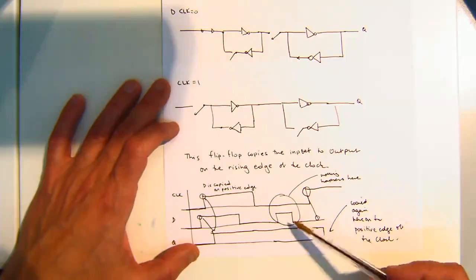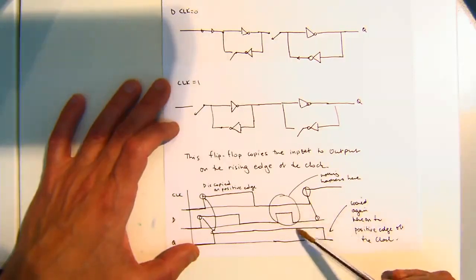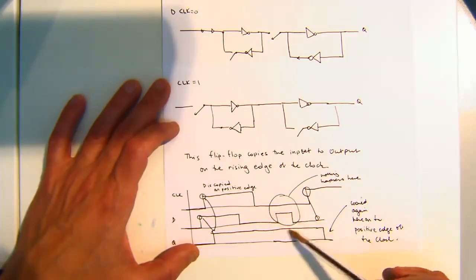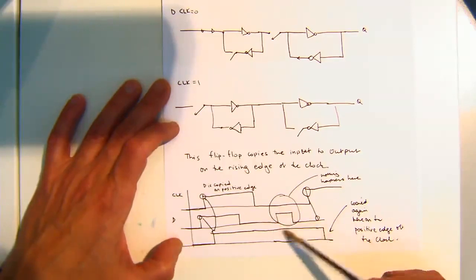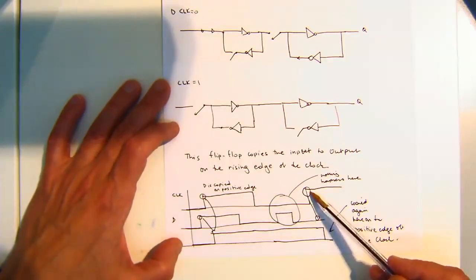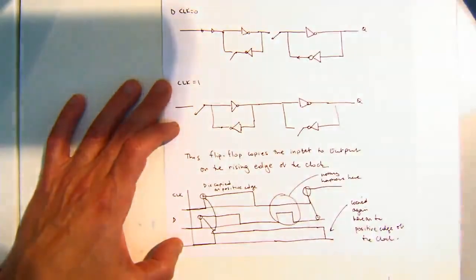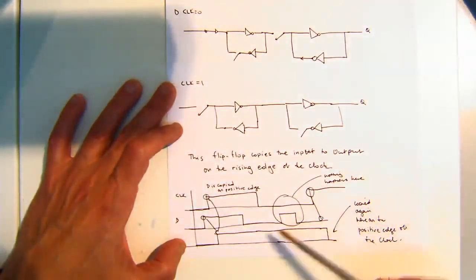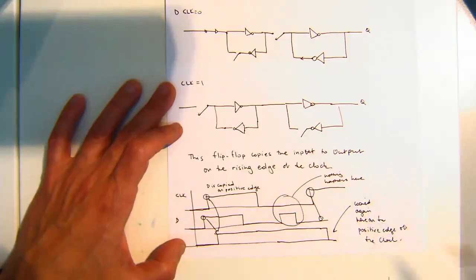And irrespective of what's happening to this supply line, you only sample it at the positive going edge of a clock. In the way that I've drawn it, it's just a positive edge-based flip-flop.